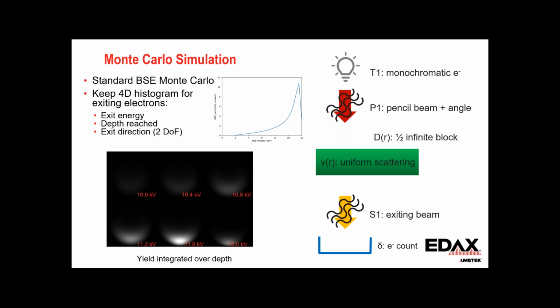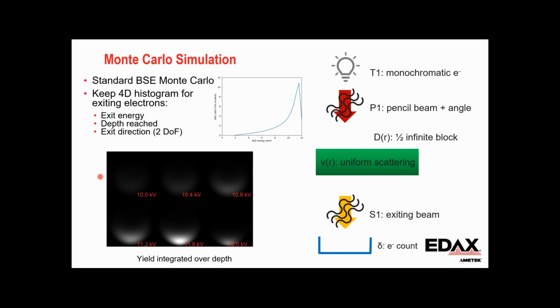The main difference is that instead of just keeping the energy distribution, which is what's normally of interest in these, we have to keep, instead of this 1D histogram, a 4D histogram to know for every depth in the sample and every exit direction how many electrons came out of it.